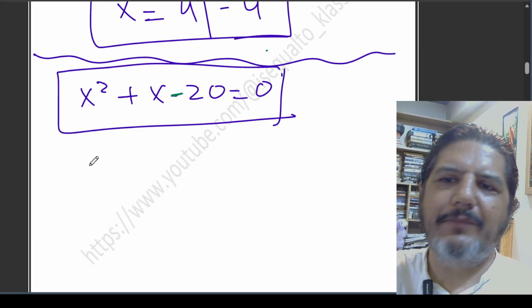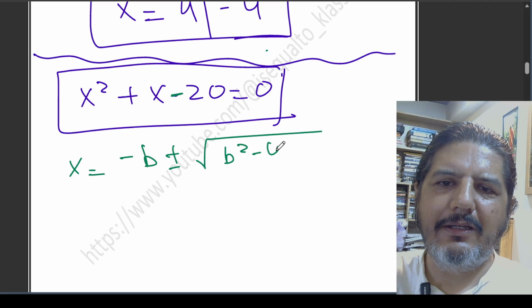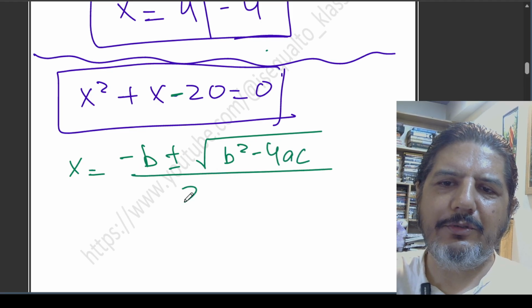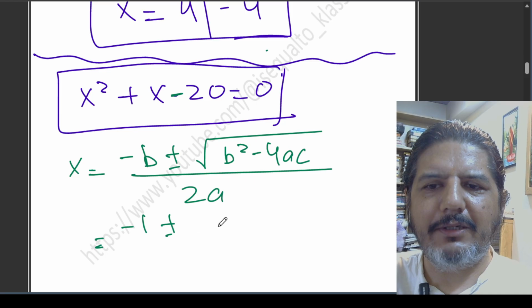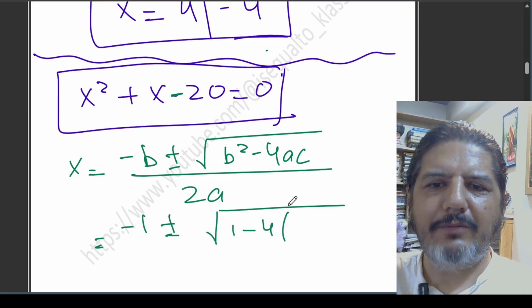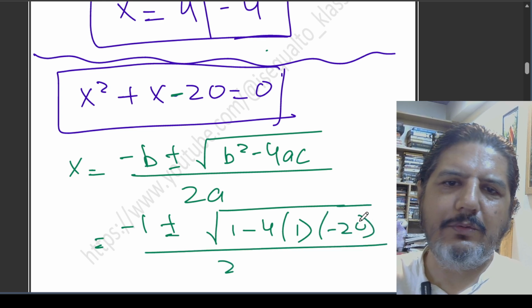using the formula. The formula that we have is x is equal to minus b plus minus root of b square minus 4ac upon 2a. So I could have used this formula. So minus b plus minus root of b square, 1, minus 4ac, upon 2.